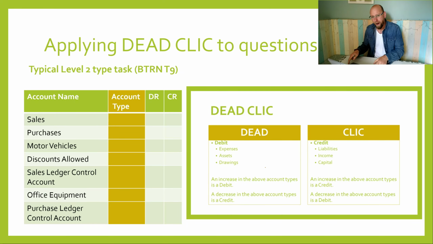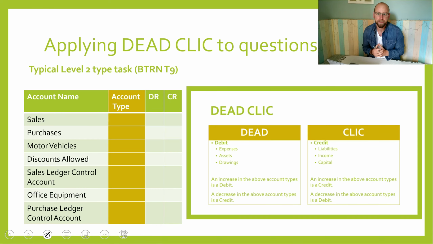I'm going to show you now how we're going to take the account name and find out which account type it is, therefore helping us understand whether that account name is going to be a debit or a credit. So let's take sales for example. Sales is something that the business is selling on a regular basis, so this is our regular money that's coming in.